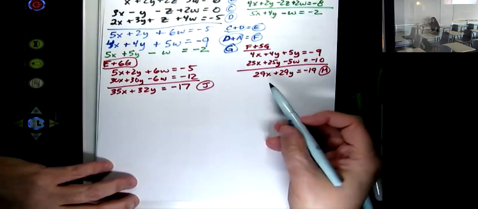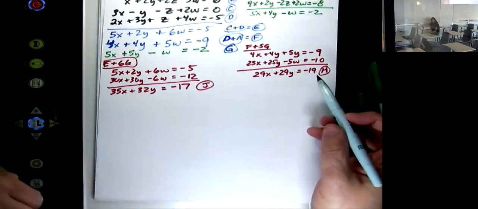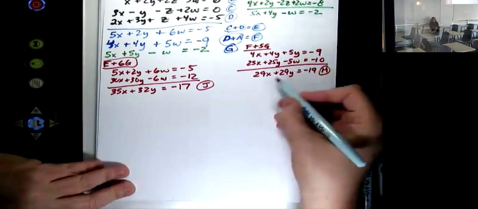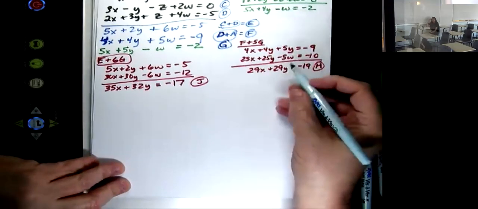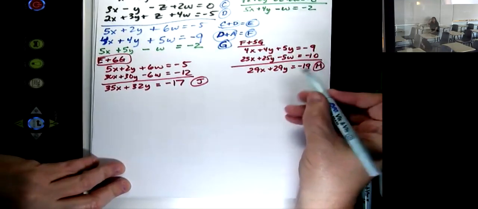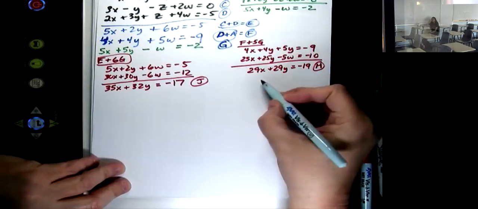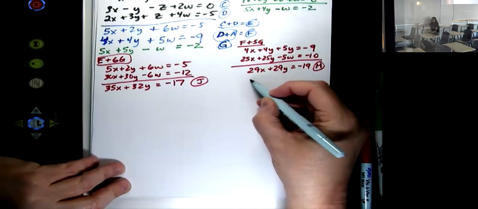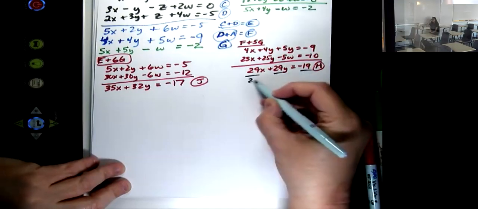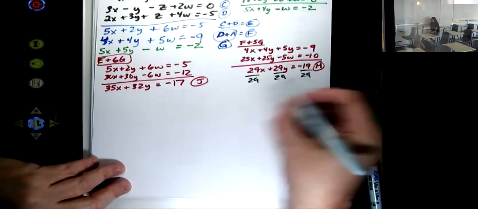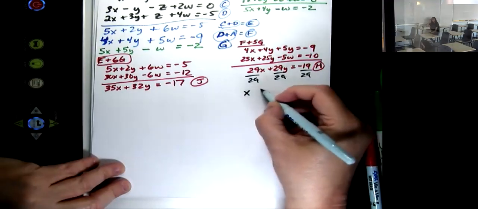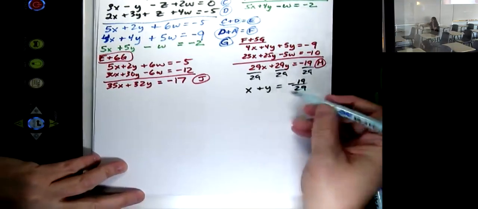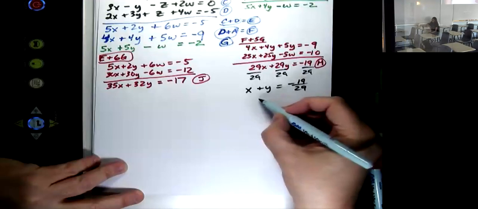No, we can do. We gotta pick one to get rid of. This, it might be easier. I hate doing this, but this is gonna end up with fractions no matter how we do it. So maybe if I divide by 29 here, I get x plus y equals negative 19 over 29. And I can subtract x over maybe.